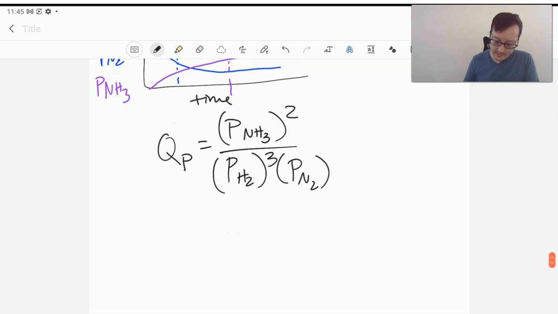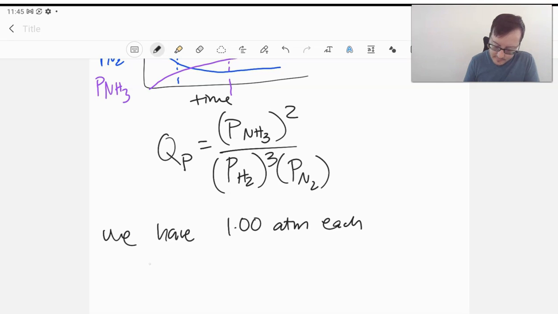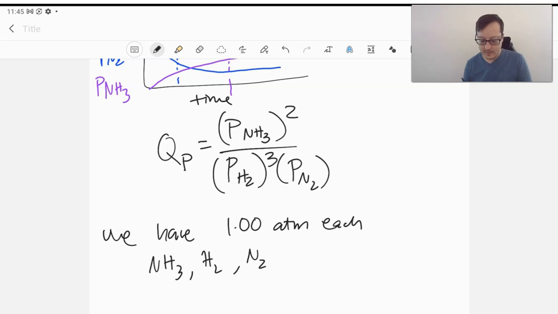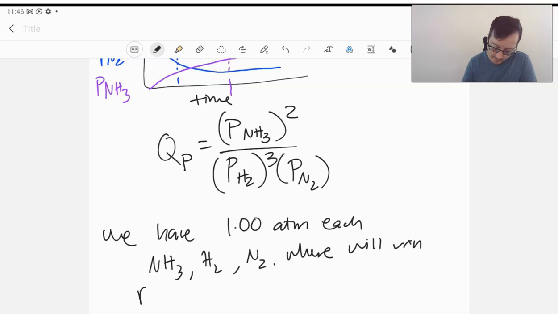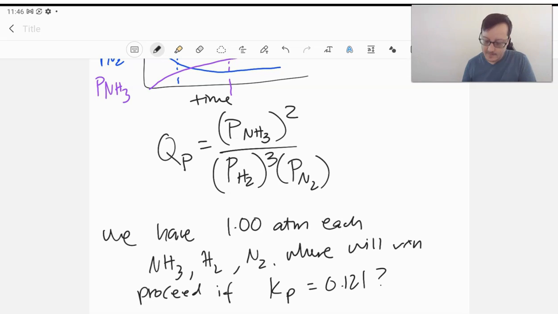Say we have 1 atmosphere each of ammonia, hydrogen, and nitrogen. Where will the reaction proceed if Kp is 0.121?